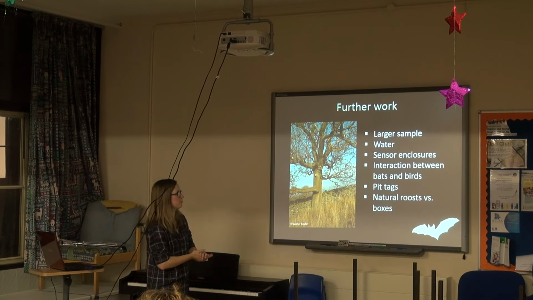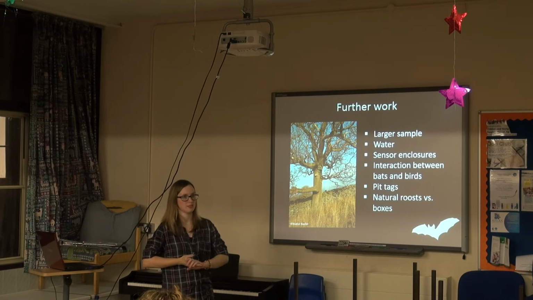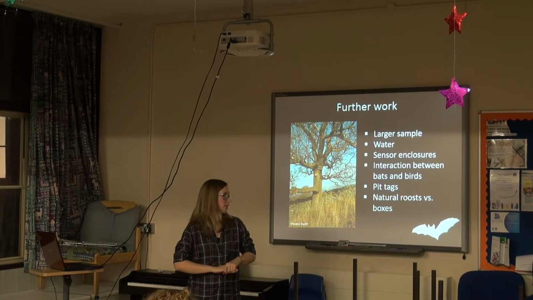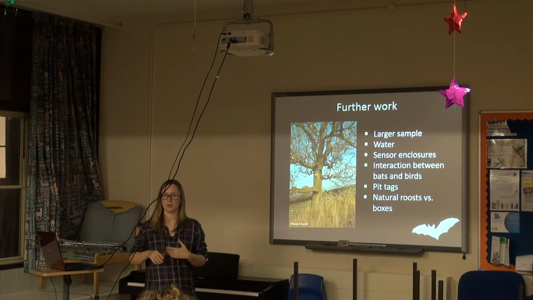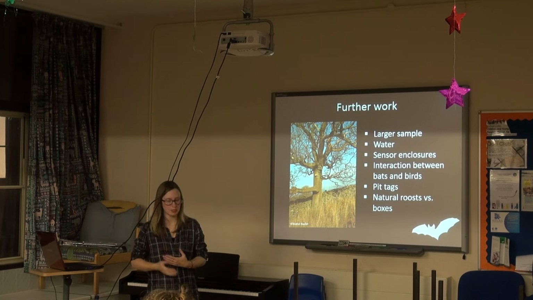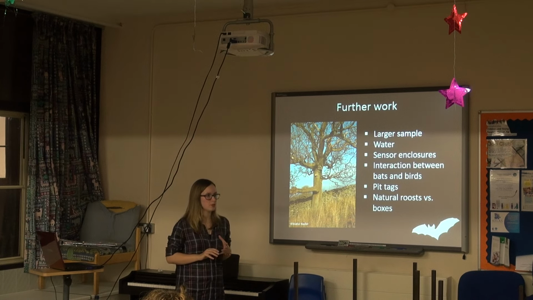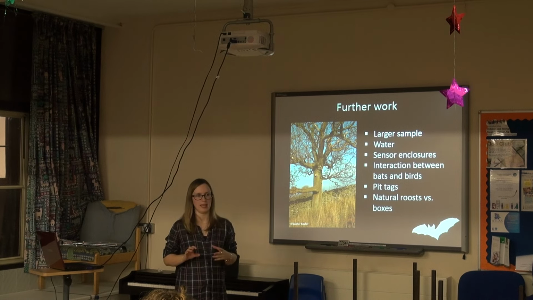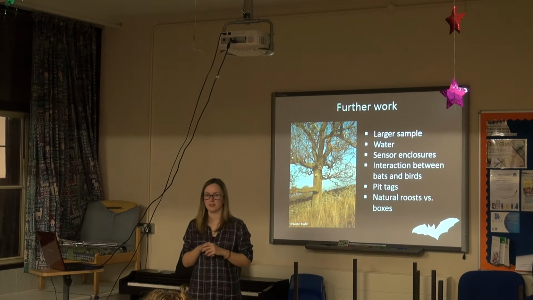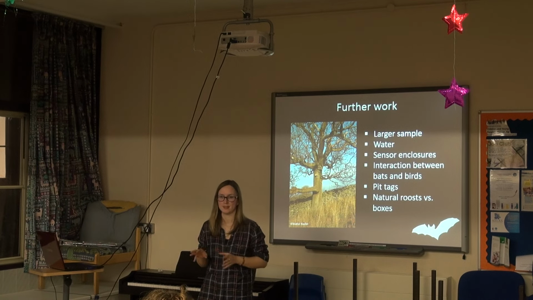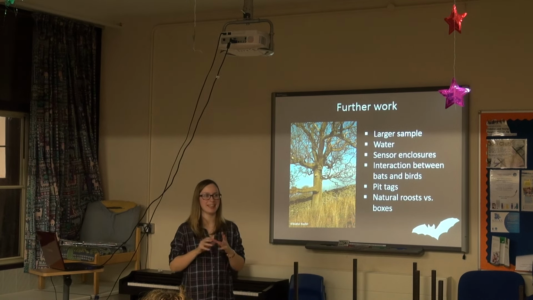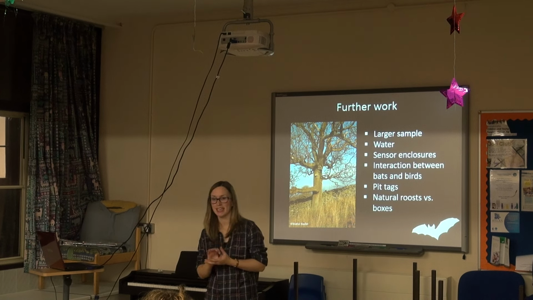So as I mentioned before, it would be great in further work to get a much larger sample, so that we can do a bit more comparison work between different species, different times of year, etc. And it would also be good if we could find some way of making the sensors not break when they were peed on. So we did try and cover them in things like plastic.